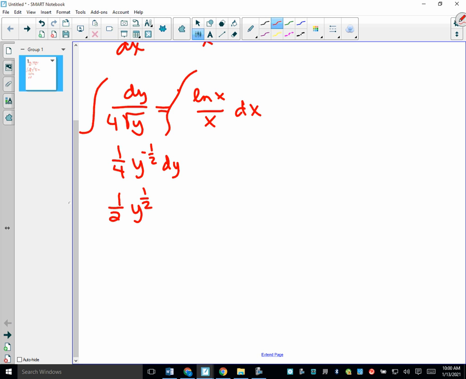Is equal to, now, for this side, don't I actually have 1 over x ln of x? I'm going to let u equal 1 over x, so du is ln of x.